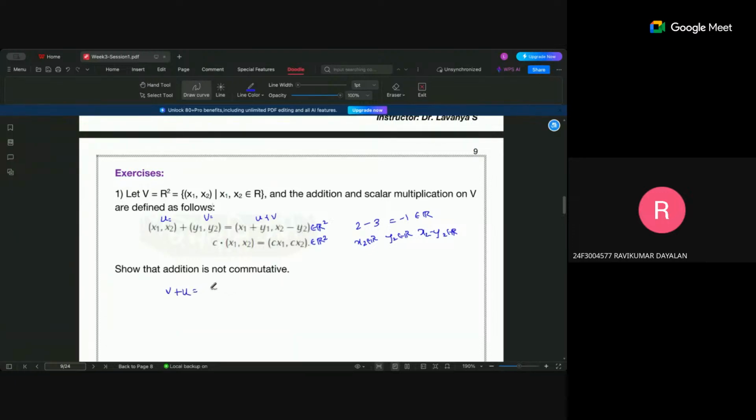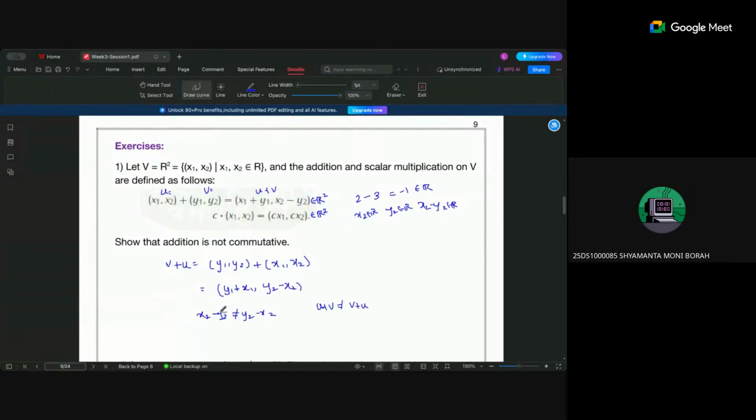So v plus u is (y1, y2) plus (x1, x2), which is, for the first element, x1, usual addition, and y2 minus x2, which is not equal. So you can see that it fails. x2 minus y2 is not equal to y2 minus x2. So u plus v is not equal to v plus u. So addition is not commutative.